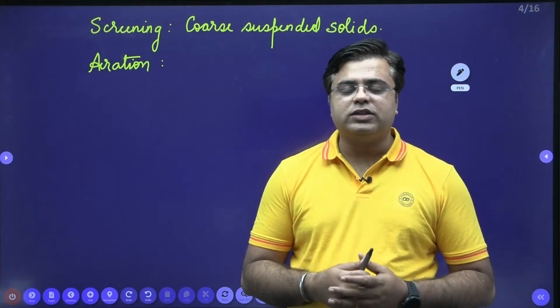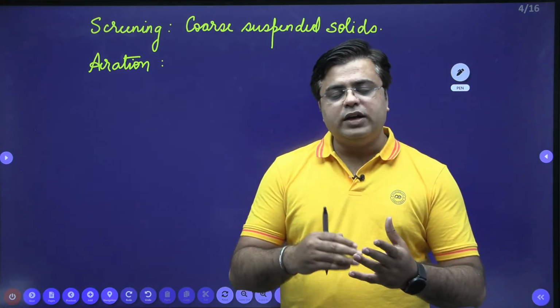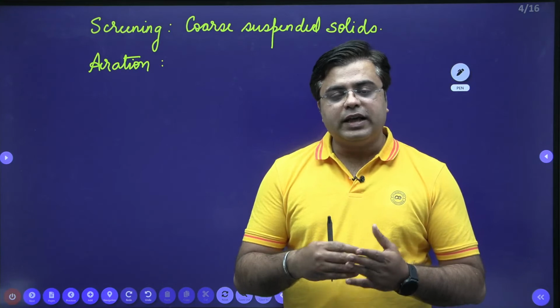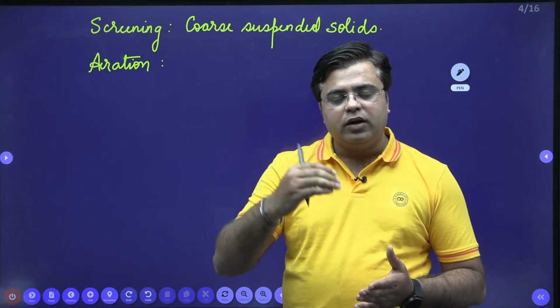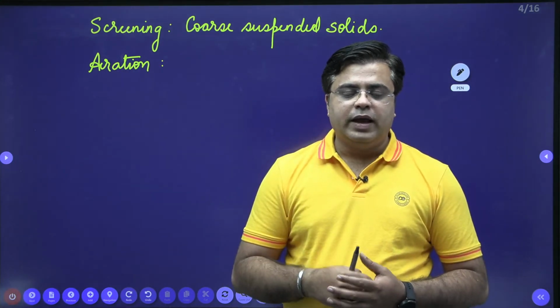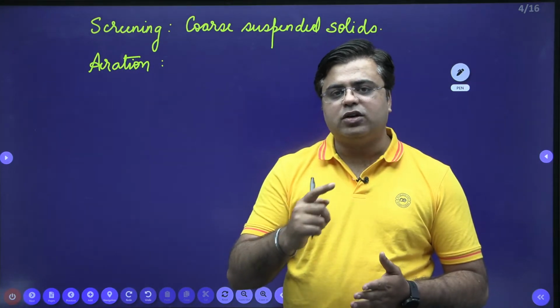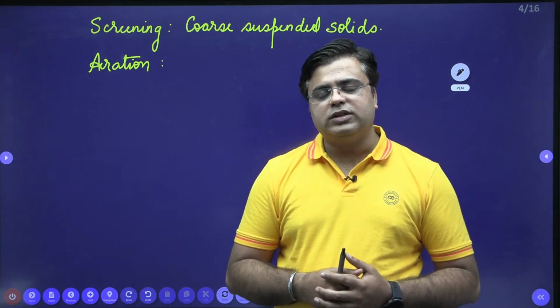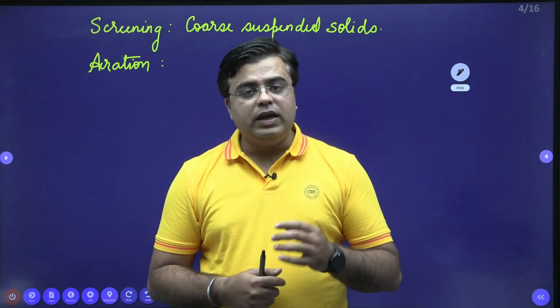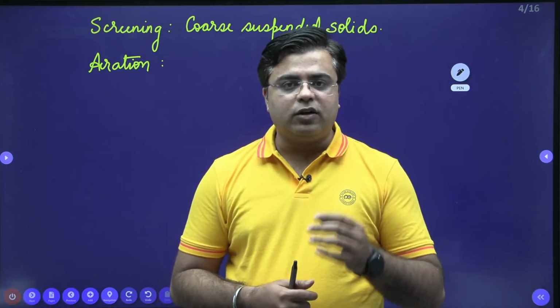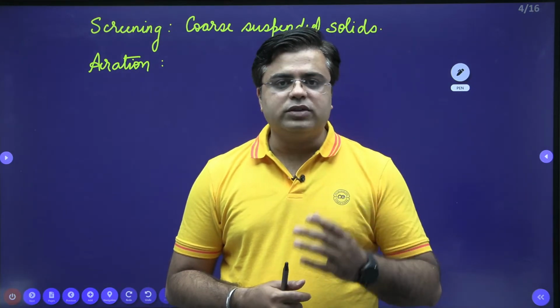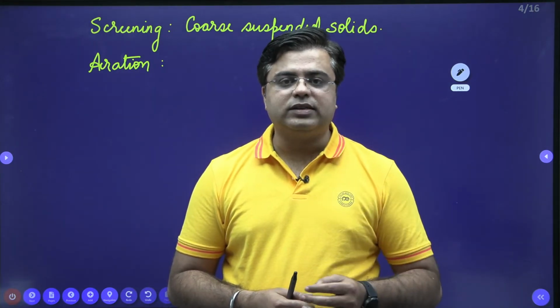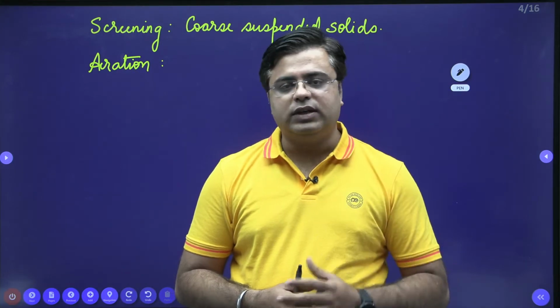Aeration is the process in which water is brought in contact with the air so that exchange of oxygen from air to water can happen. Through this exchange, we increase the dissolved oxygen concentration of water. By increasing the dissolved oxygen concentration, we increase the chance of oxidation of organic compounds, color causing compounds, dissolved gases and other taste and odor causing compounds.